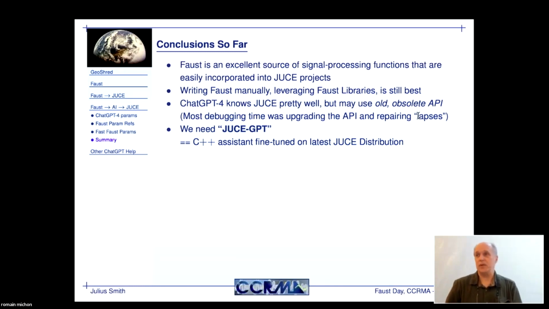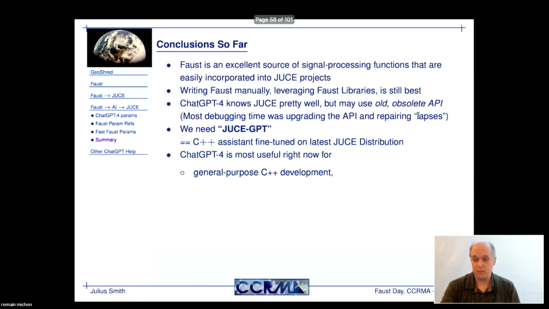I have no experience fine-tuning language models, but that's what everybody's doing. That's kind of the standard thing. OpenAI has an API for doing this on their GPT-4, etc. So that's what I would really want to do if I were seriously doing this all the time. And if I were on the JUCE team, I would say, hey, I'll do this for you. That would be something to get done.